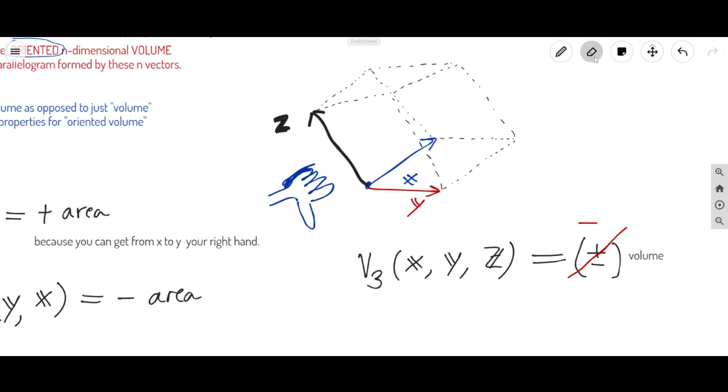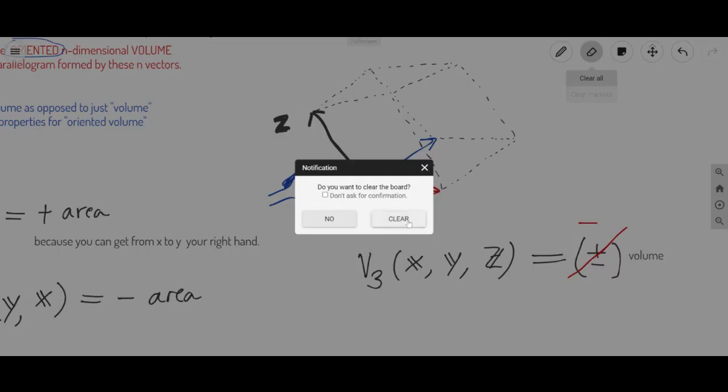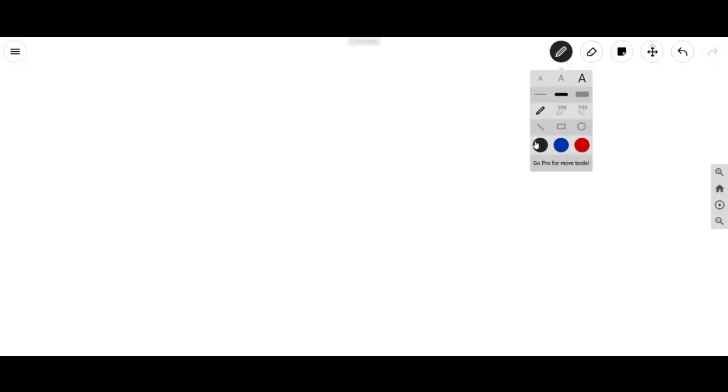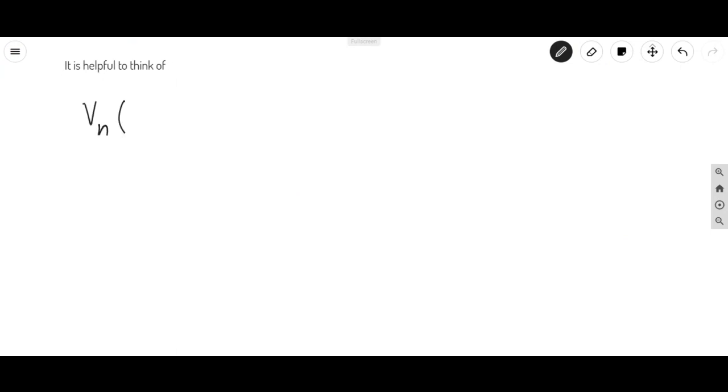Okay, so let's start by discussing various rules of this. It is helpful to think of Vn as kind of like a function in a way.